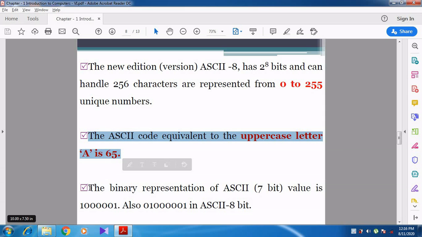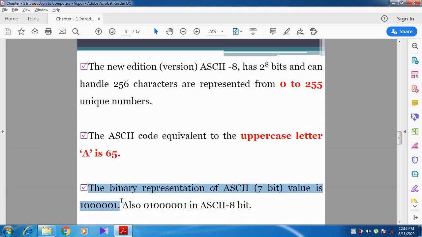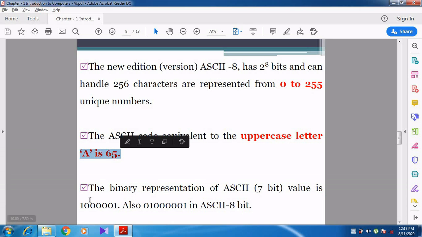So the binary representation of the ASCII 7-bit value is 1000001. This is for capital A. Capital A is 65, which will be represented as 1000001. This is the 7-bit representation. Now we are using the latest version, 8-bit.